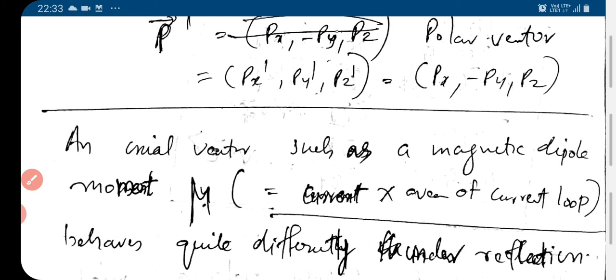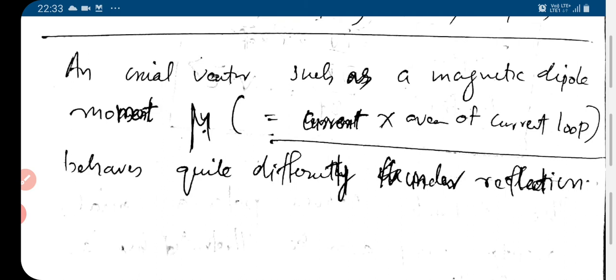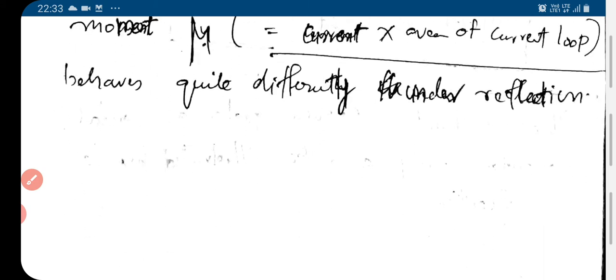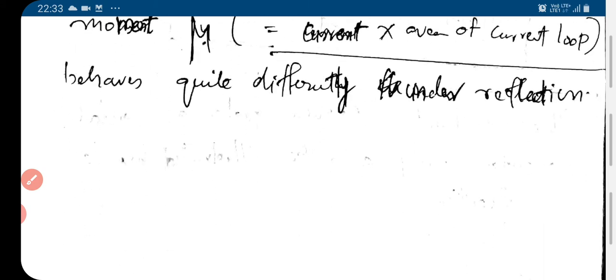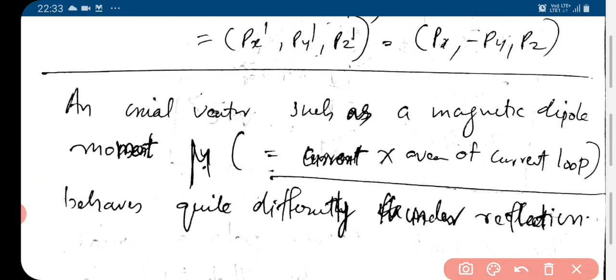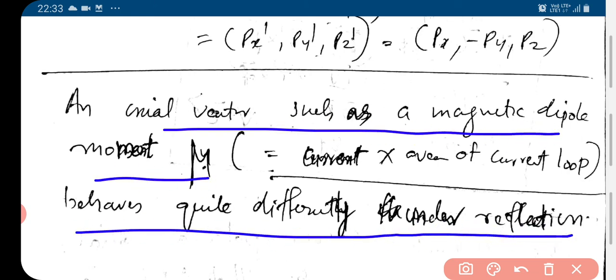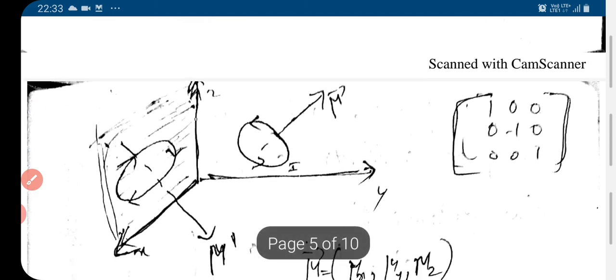Now an axial vector, such as a magnetic dipole moment, that is current times area of the current loop, behaves quite differently under reflection.